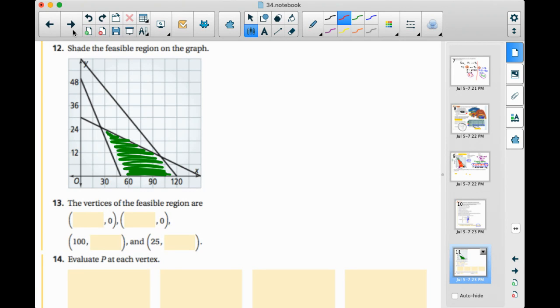One vertex is right there, and that ordered pair is 50, 0. This one right here is 120, 0. Another one we have is right there, which is 100, 10. And then another one we have right there, which is 25, 25.